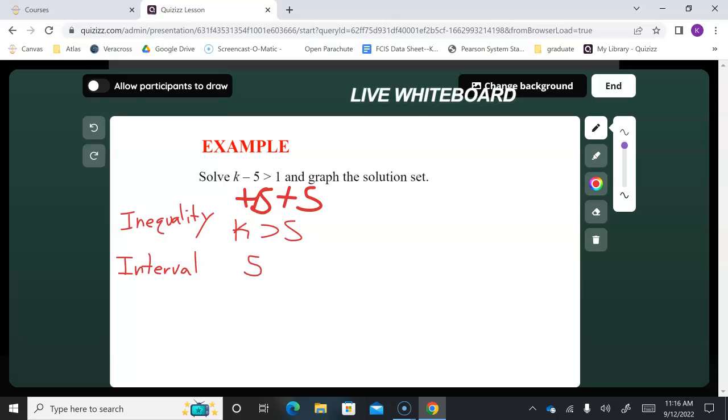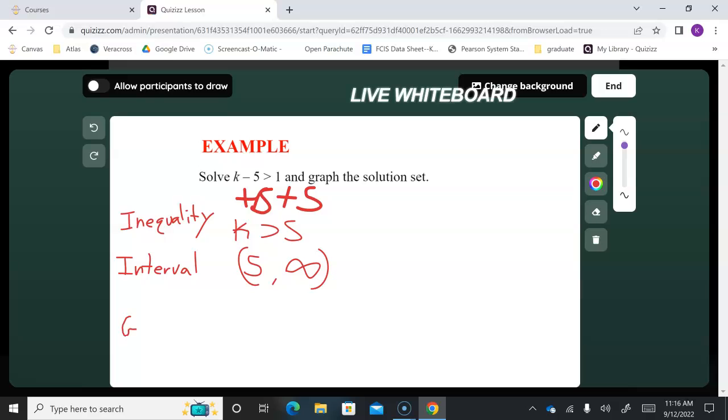So what goes in front of it? Not a bracket. Parentheses. It's going all the way up to 5, but it's not 5. It could be 5.0000000000001. Okay? Or even closer. As close to 5 as possible. What's the largest possible number in that set? Infinity. Okay, it goes forever. And infinity always gets parentheses.